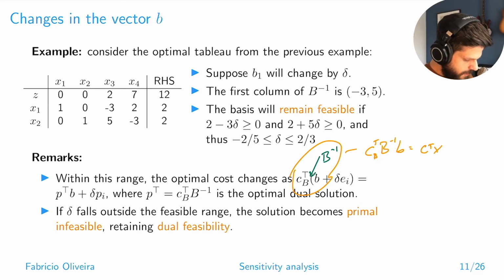And finally, if delta is outside the feasible range, then the solution is going to become primal infeasible, because that's the condition we are enforcing. And if it's primal infeasible, the recommendation is to use dual simplex to see what's the new value.